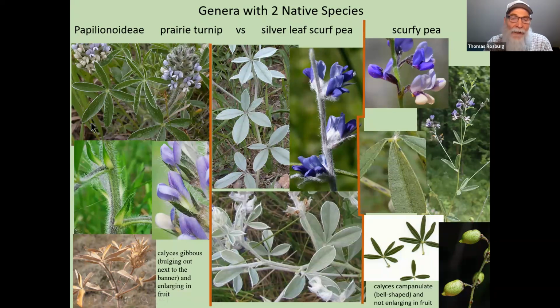But put them all together because they all have palmately compound leaves. So a palmately compound leaf is a leaf that has, again, its leaflets all attaching to a common point. We see here in prairie turnip, we see here in silverleaf scurf pea, and we can see 3 leaves here. Now we can see 6 down here, 5 here, 3 here.